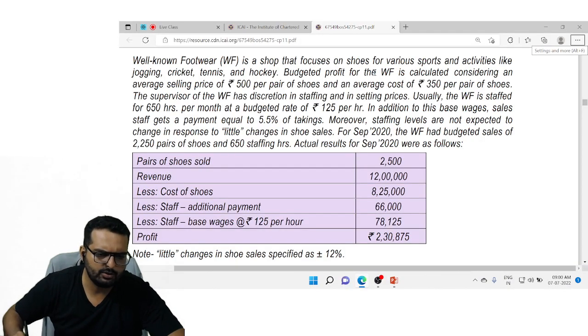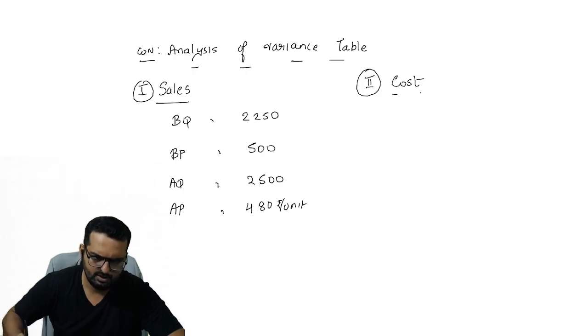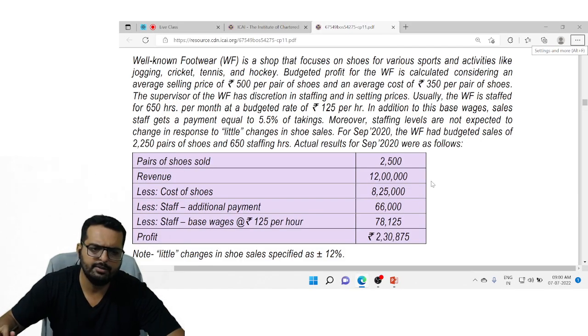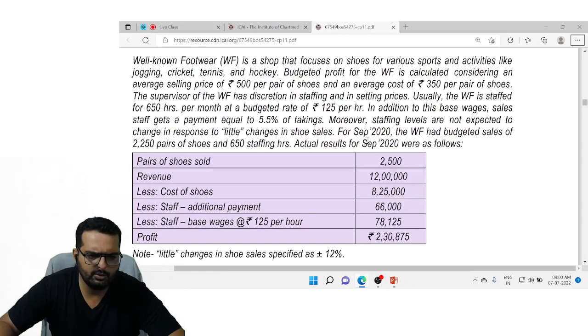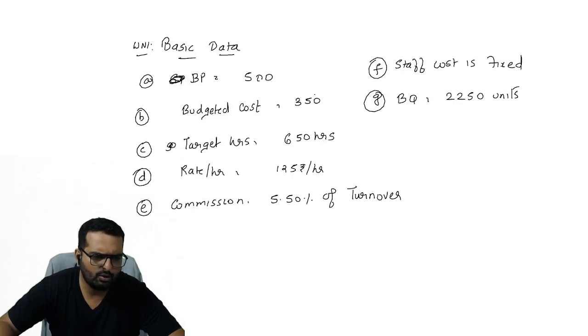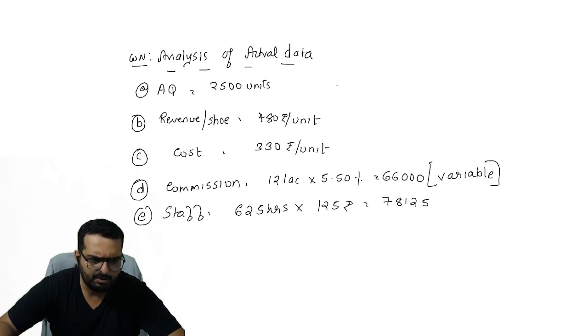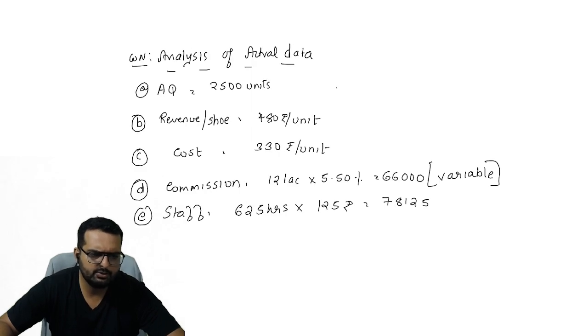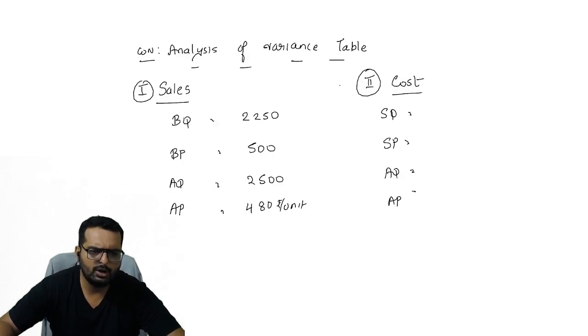Second one is going to be the cost. That will be SQ, SP, AQ, and the last one is AP. SQ is based on actual output. Okay. So here I don't think they have told anything about the kg or anything. They have just told the budgeted cost was 350 rupees per unit. Am I right? But the quantity changed. Instead of 2,250, the actual quantity turned out to be how much? 2,500.